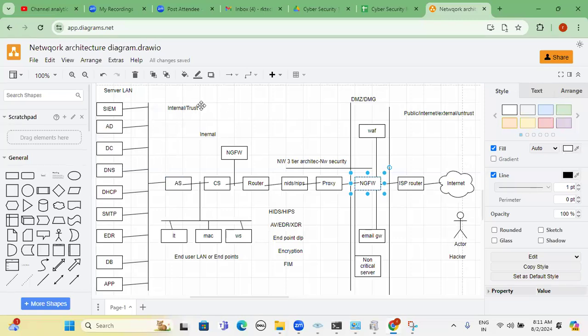Internal and trust zone is like your own home. DMZ is like a boundary in front of your house, obviously a wall or fencing or gate, and this is our public street or road. Keep that in mind.